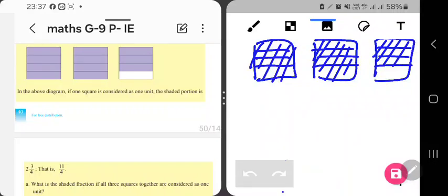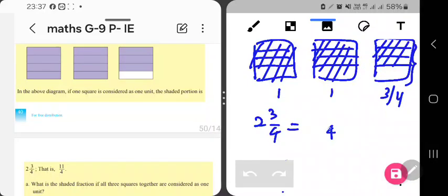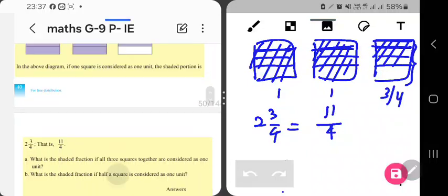So if each square is considered as 1 unit, how many are colored? 1 and 1, 2, and here 3/4. So this can be written as 2 3/4, or in improper fractions, out of these 4 units, how many strips are colored here? 4 here, 4 here, 8, and 3 here, 11. That is how 11/4 came by.